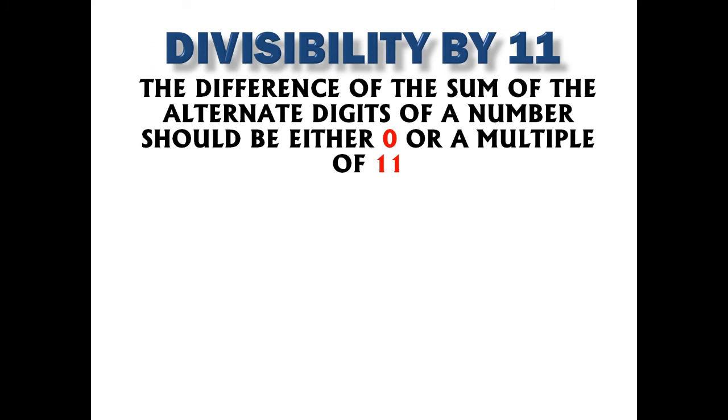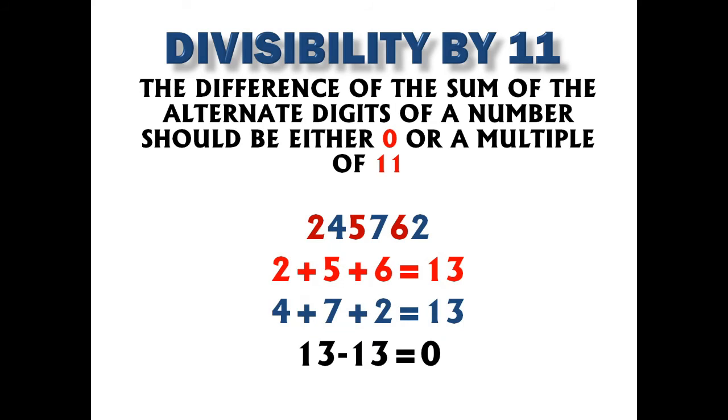Now our next number is 11, and the rule for divisibility of 11 is that the difference of the sums of alternate digits of a number should be either 0 or a multiple of 11. Let us take this example. The alternate digits, like these pink digits, we will add up first, and then these gray digits we will add up, and we subtract these sums, and if we get 0 or any multiple of 11, then that number would be divisible by 11.